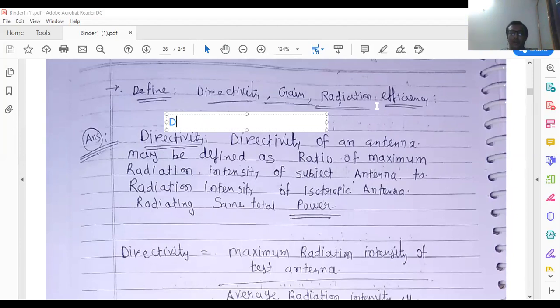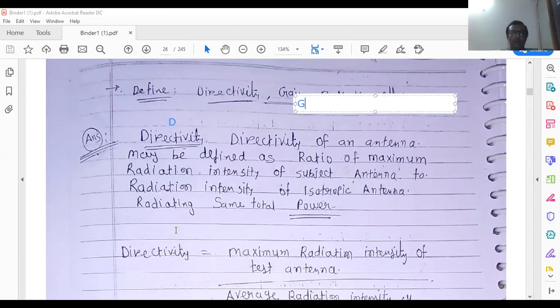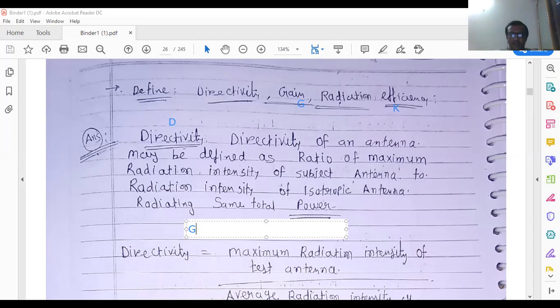It is denoted by K. Gain is denoted by G. What is the relation between gain, directivity, and efficiency? G equals K into D. How it is established, I will discuss in this theory.